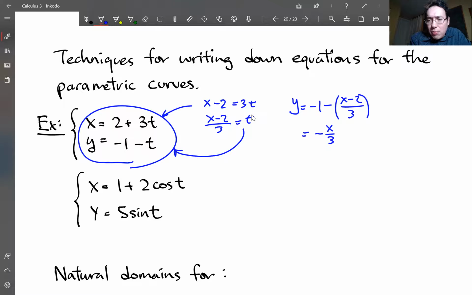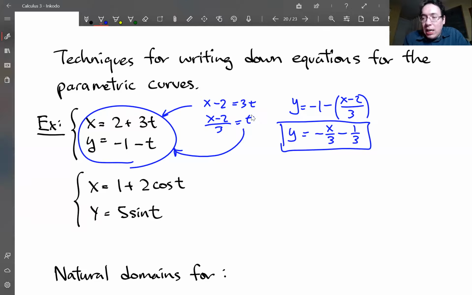Okay, so that's, if I distribute the negative sign, I get plus 2/3 minus 1. So now this is in the more traditional y equals mx plus b type of form. So now I have an equation of a line without the t in it. And it doesn't have to be a line. As long as you can solve for t and substitute, you can solve for the equation that way.